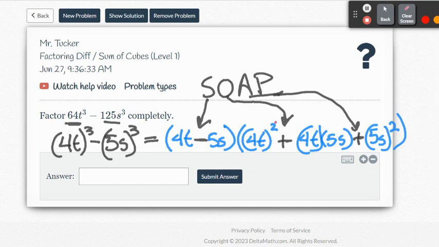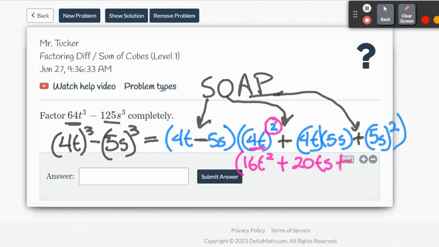And this is where students struggle because we got like a square there. We got to square the 4 and the t. So 4 squared is 16. And then t squared is t squared. Plus, you got to multiply the 4 and the 5 here to get 20. And then ts. And then we've got 5s squared. So the 5's got to get squared and the s has got to get squared.